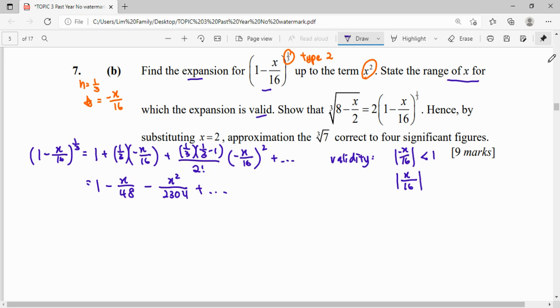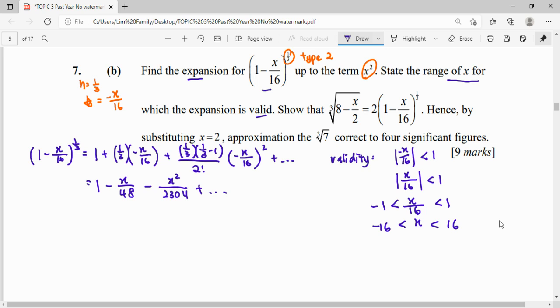So I can simplify this modulus by using positive x over 16 less than 1. Then we open the modulus: it will be negative 1 less than x over 16 less than 1. And then we multiply by 16, so our validity of x will be between negative 16 and 16.